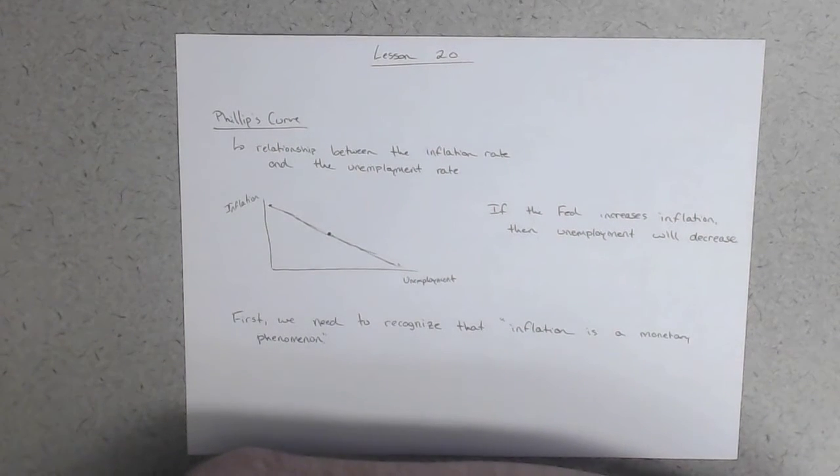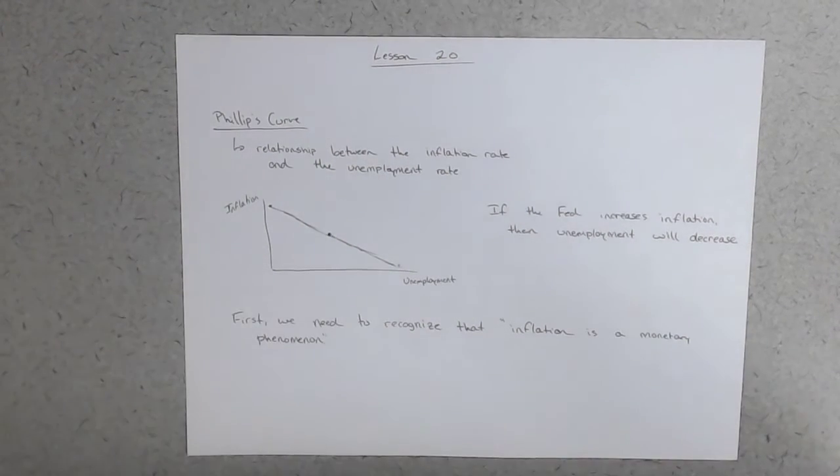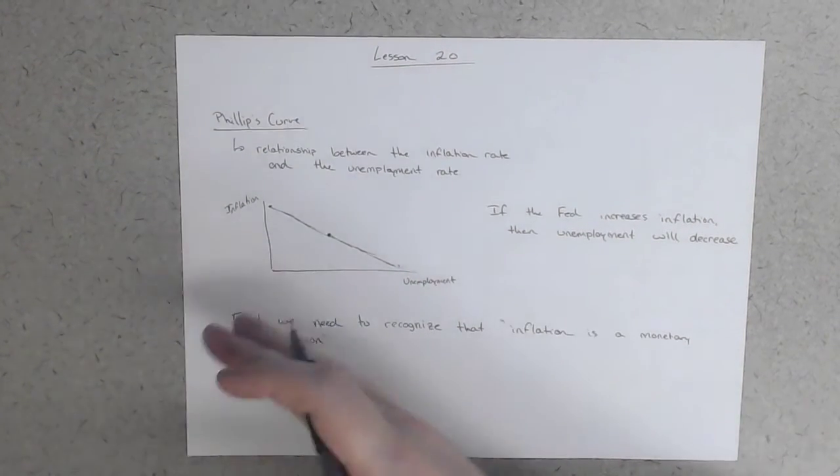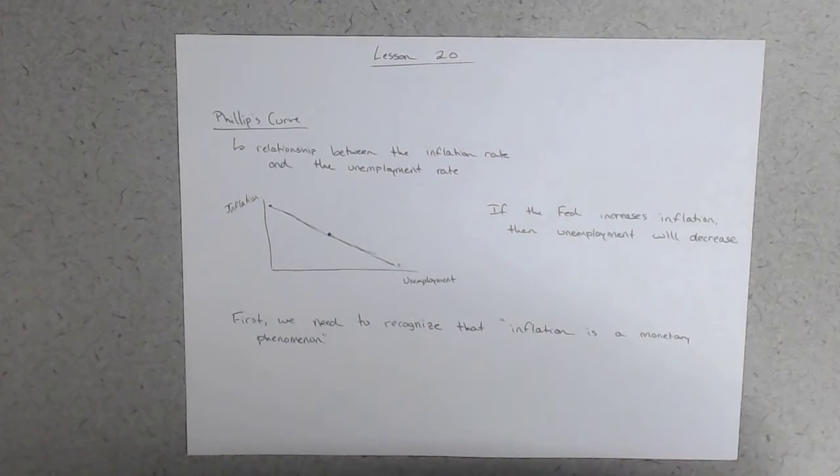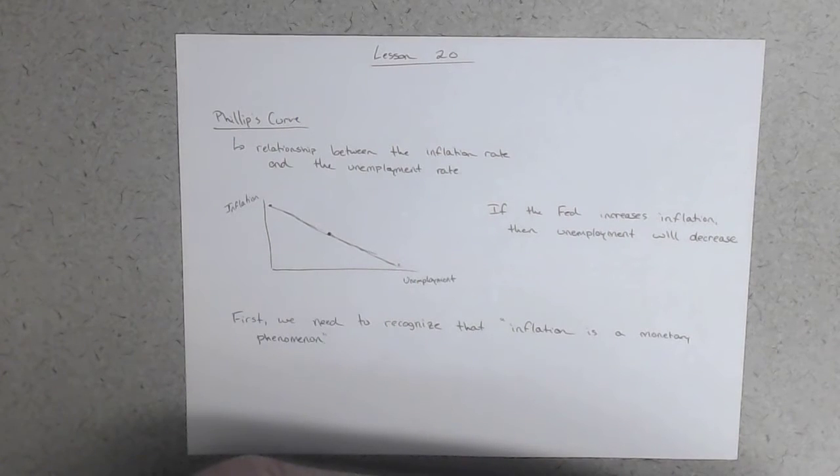And so the long run effect of monetary policy is very little, if anything. But in the short run, if the Federal Reserve increases the rate of inflation, so if they just print more money and flood the economy with cash, they will decrease unemployment.